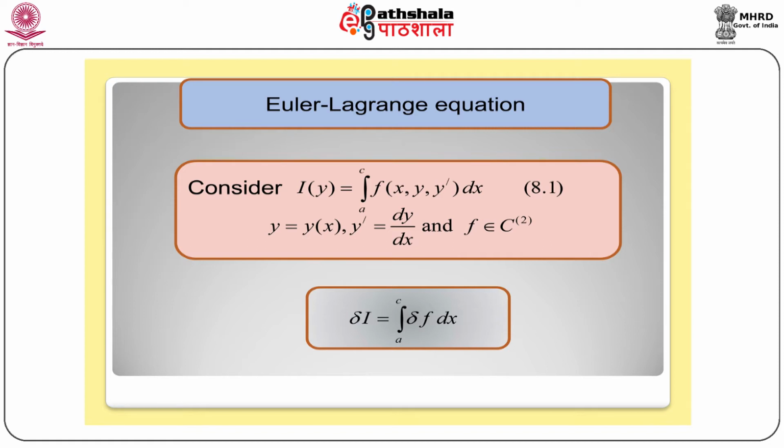Our problem is to find a function y, which is dependent on x. Basically, it is a curve from the admissible set of functions y of x, for which the integral 8.1 becomes stationary.